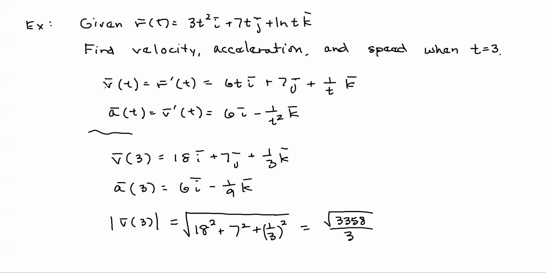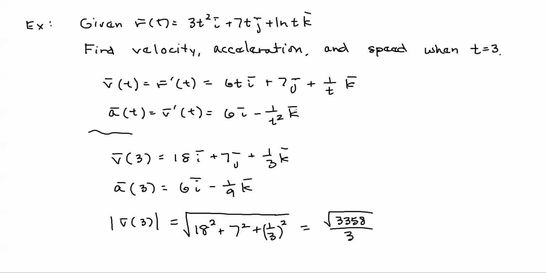And then finally, we can calculate the derivative of velocity. This gives us the acceleration, which tells us how the velocity is changing. So it tells us that per unit of time, the velocity is increasing by 6 units in the x direction, and it's changing by -1 over t squared per increment of time in the k direction.